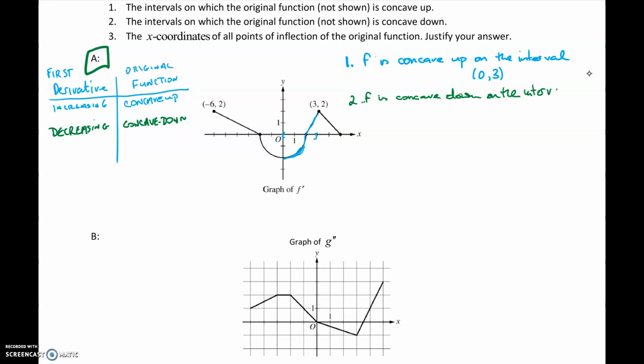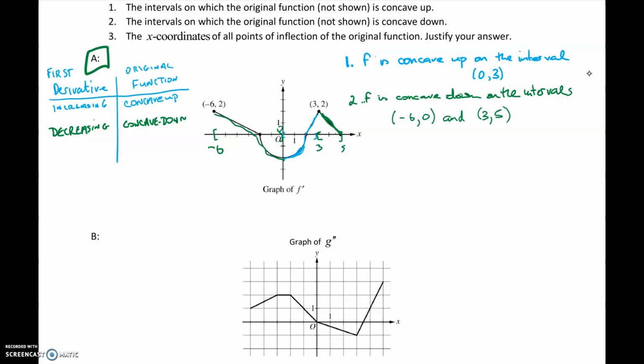Well, there's going to actually be more than one of them because this decreases from here down to here. So that's from -6 to 0. And then it starts decreasing there again. So that's from 3 to 5. On the intervals from -6 to 0 and from 3 to 5.